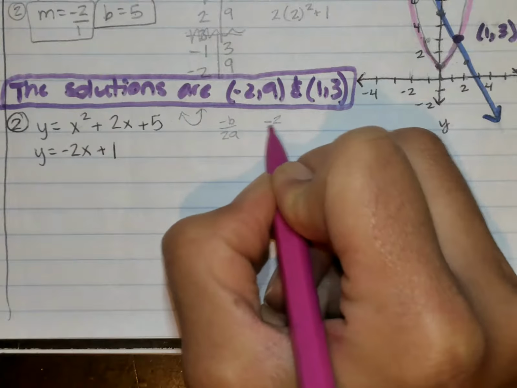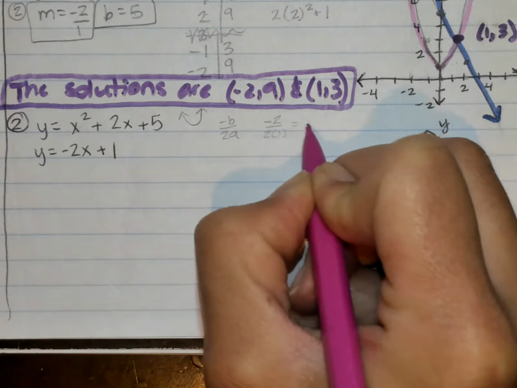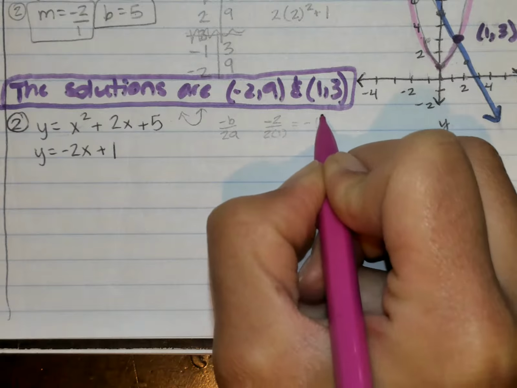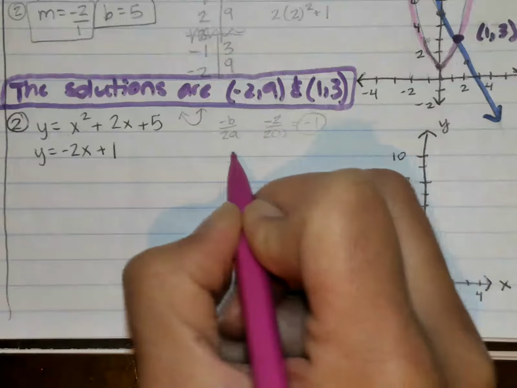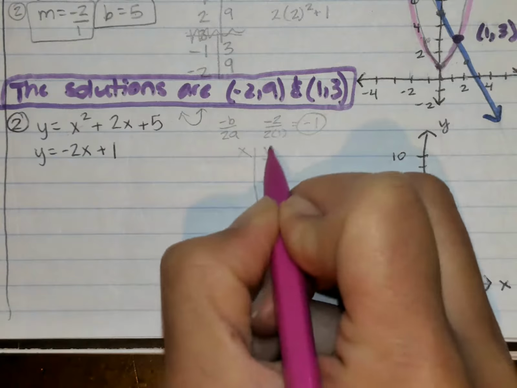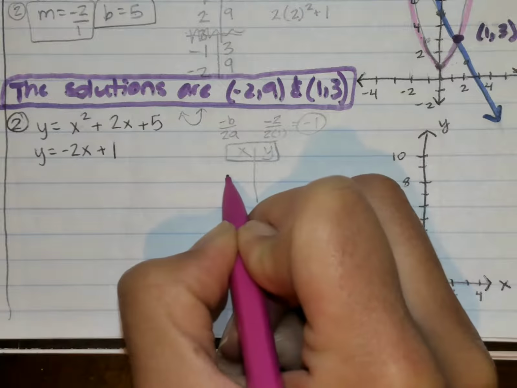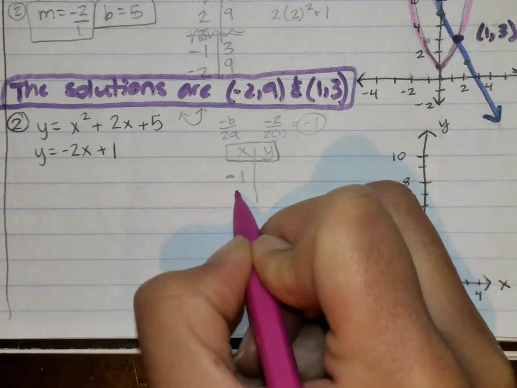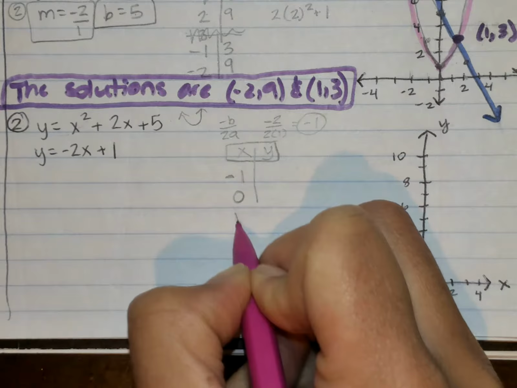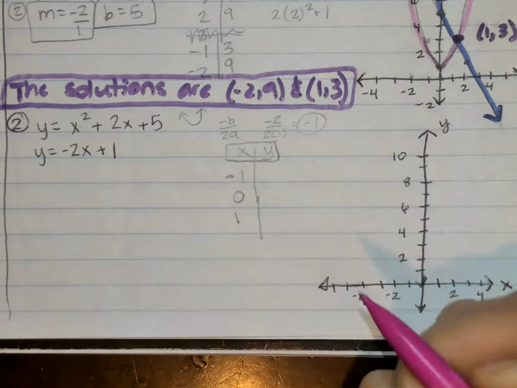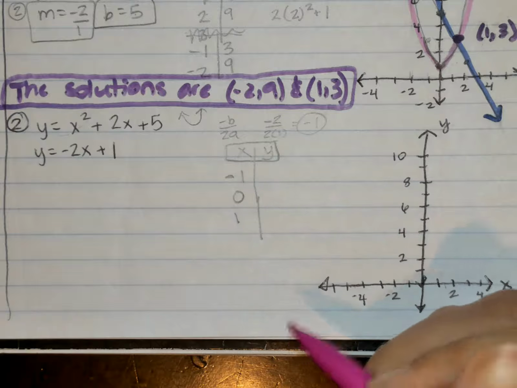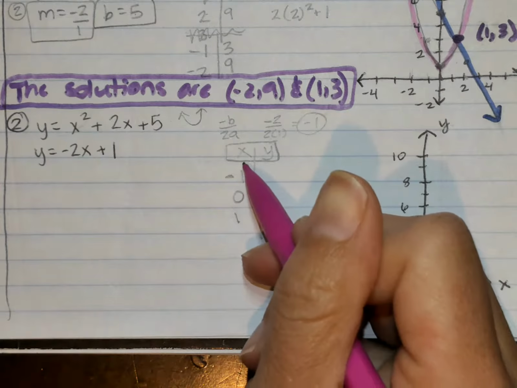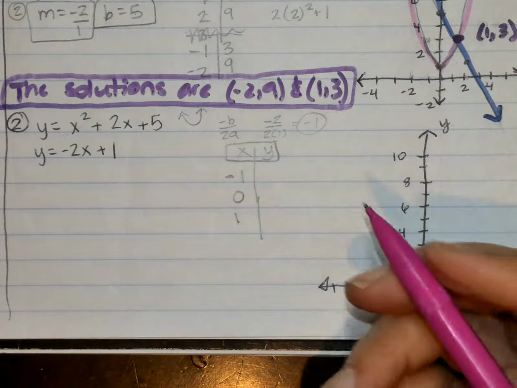So it's -2/(2 times 1). That comes out to -2/2 or -1. So when I draw my xy table for the quadratic, I want to start at -1 and then count up 1 to 0 and count up 1 more to 1. And then I'll use symmetry to get my other points going backwards from -1: -2 and -3.